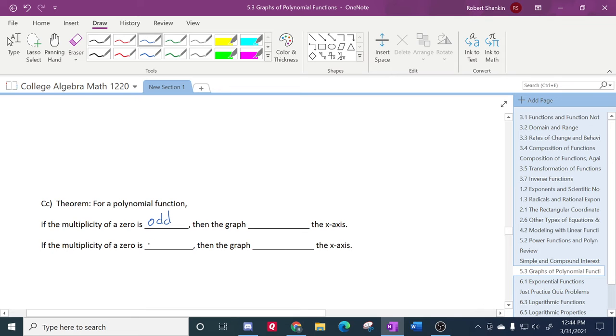If the multiplicity of a 0 is even, then the graph does what? So, go into your group chat and type in what you think the correct response is on each one of those. And let me give you a quick 30 seconds.